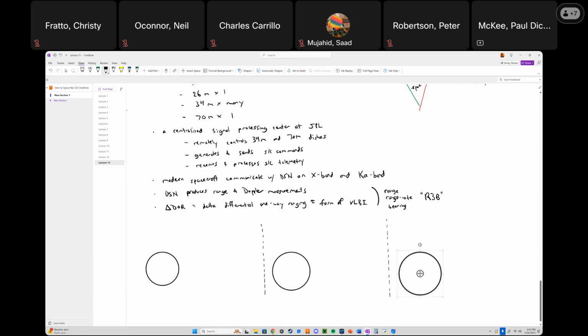The simplest way of doing this is one-way ranging, which works near Earth.